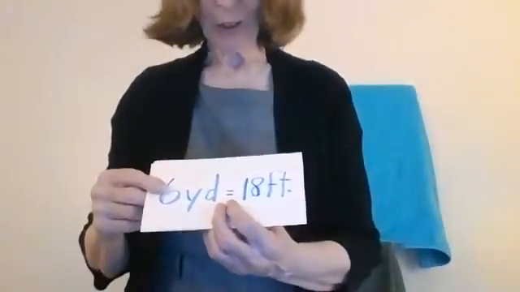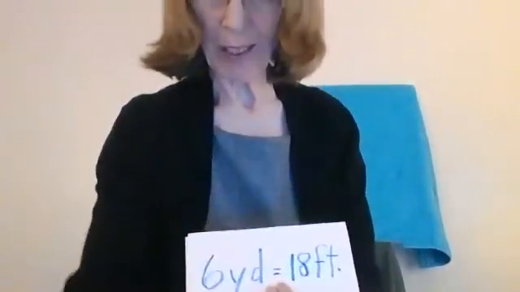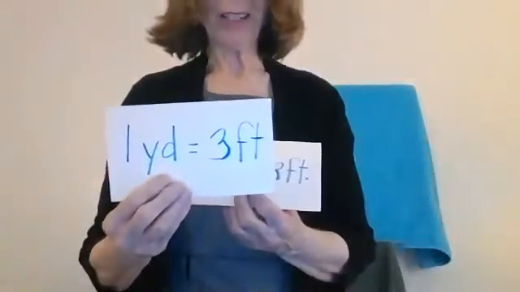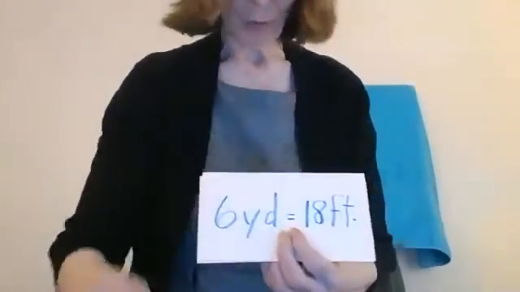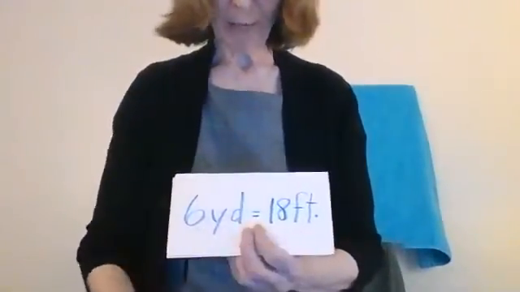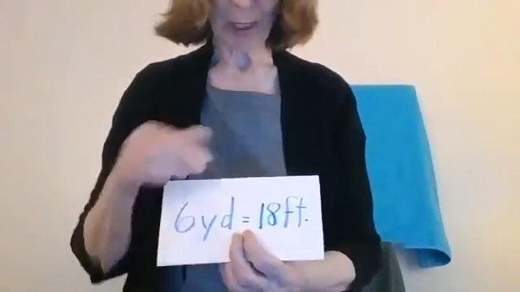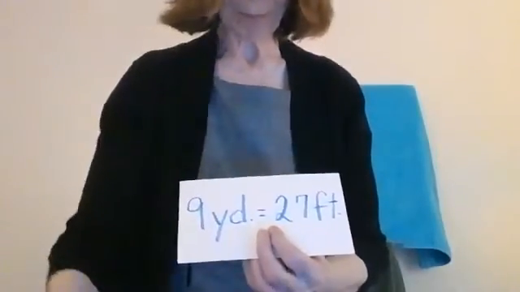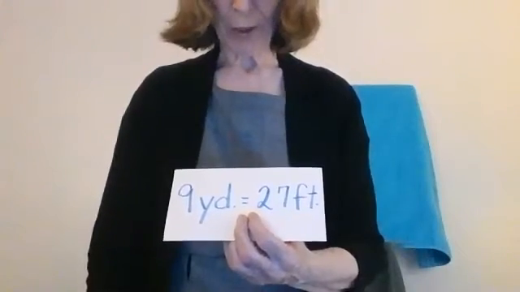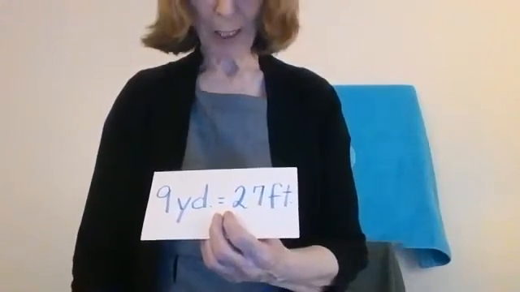And if we had 6 yards and we multiplied by the 3 feet, we would get 18, because 6 times 3 equals 18. And 9 yards times 3 would equal 27.